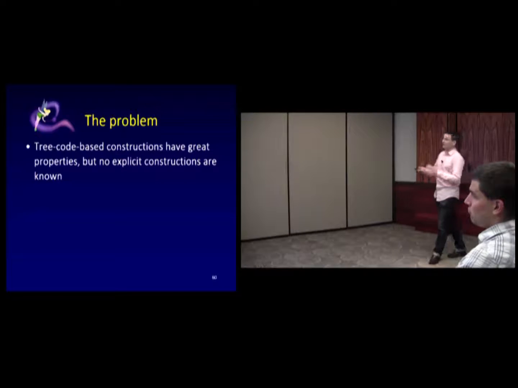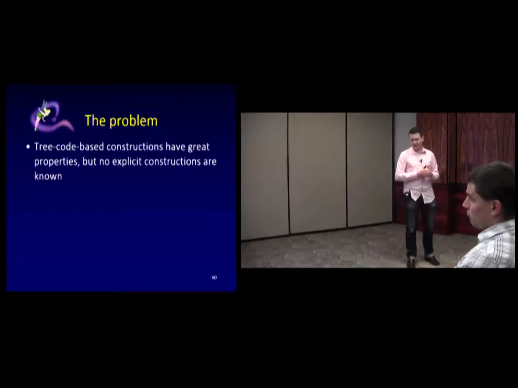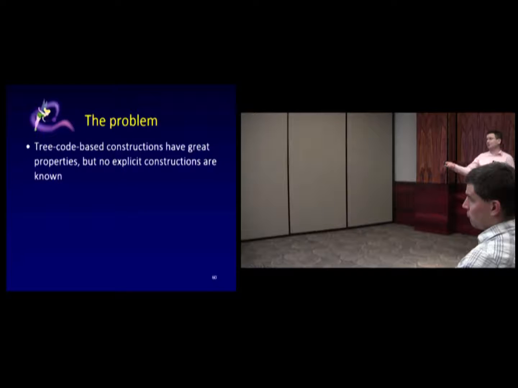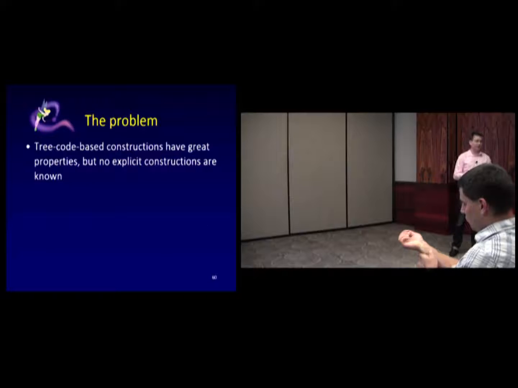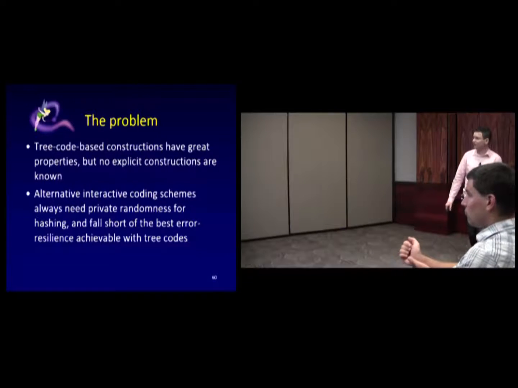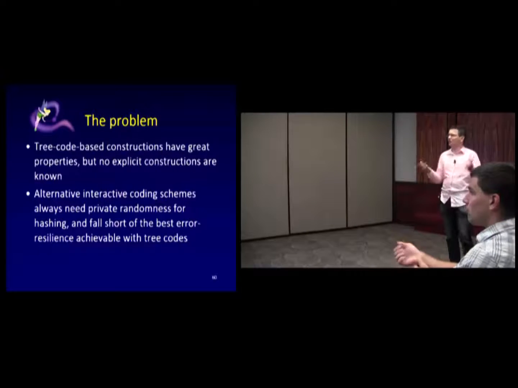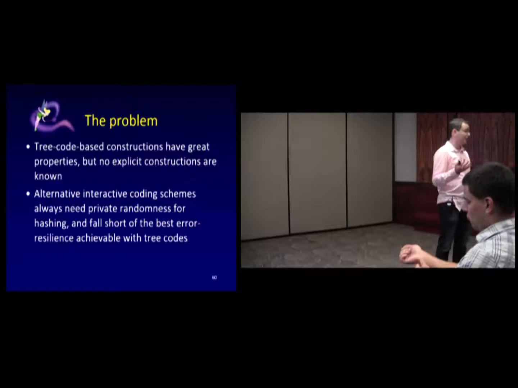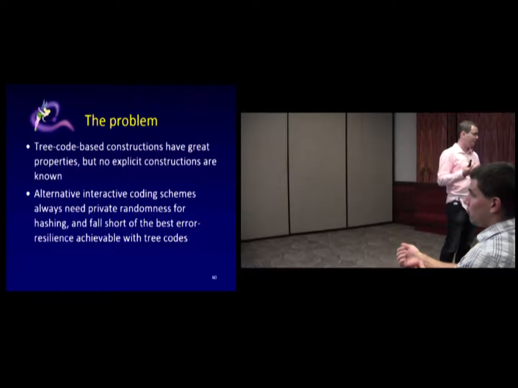One way to make everything de-randomized and explicit is to construct tree codes, and as time passes, I think it becomes a better and better motivated problem to actually do it, even of independent interest. Alternatively, we can say, maybe we weren't good enough, and you don't need tree codes to go all the way to the limit in these problems.